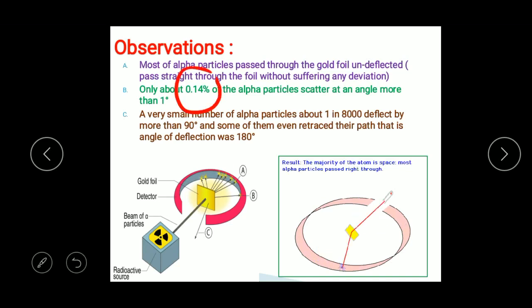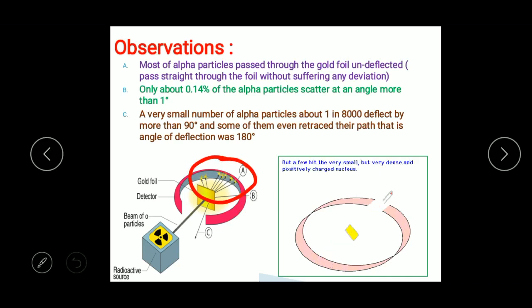Only about 0.14% of the alpha particles scatter at an angle greater than 1 degree. You can see here the B. What does symbol B represent in the experiment? When these alpha particles hit this ZnS screen, or fluorescent screen, a flash of light is observed here.